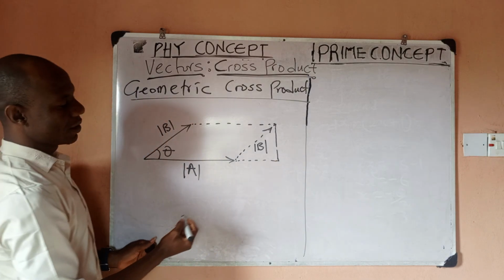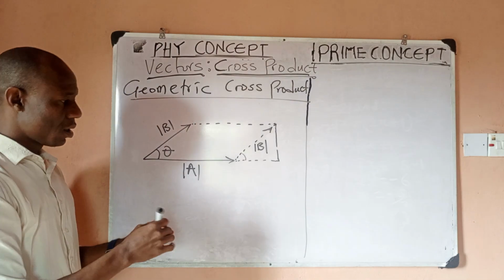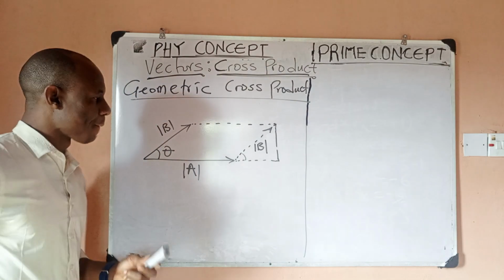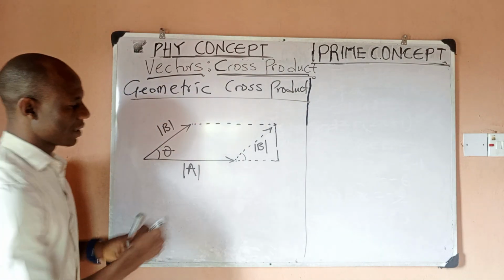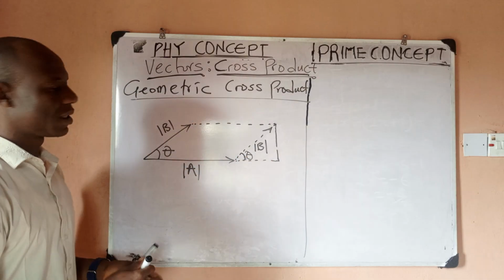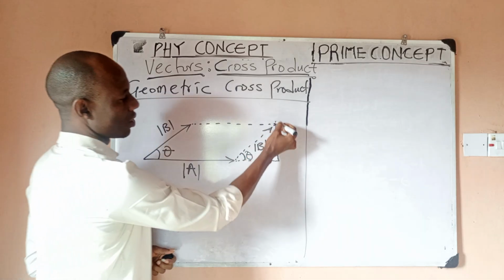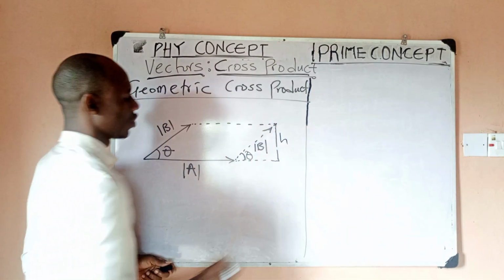So this angle is the same as this angle. This is theta. Both of them are corresponding angles, and corresponding angles are equal. I'm going to call this new height H.